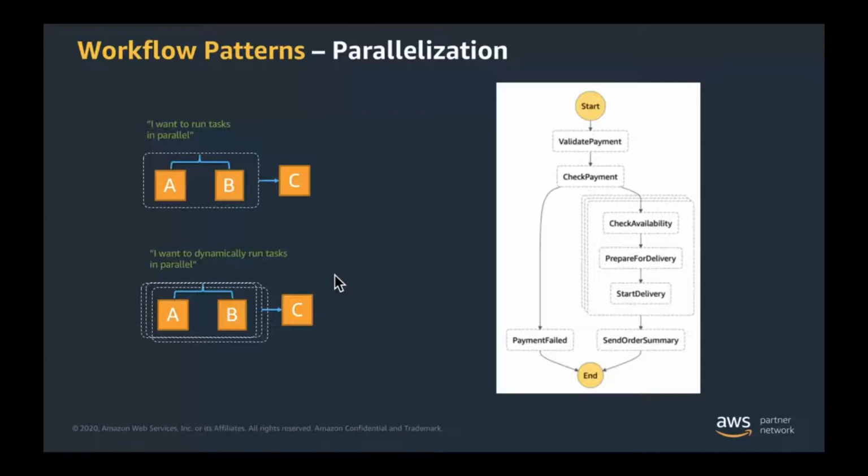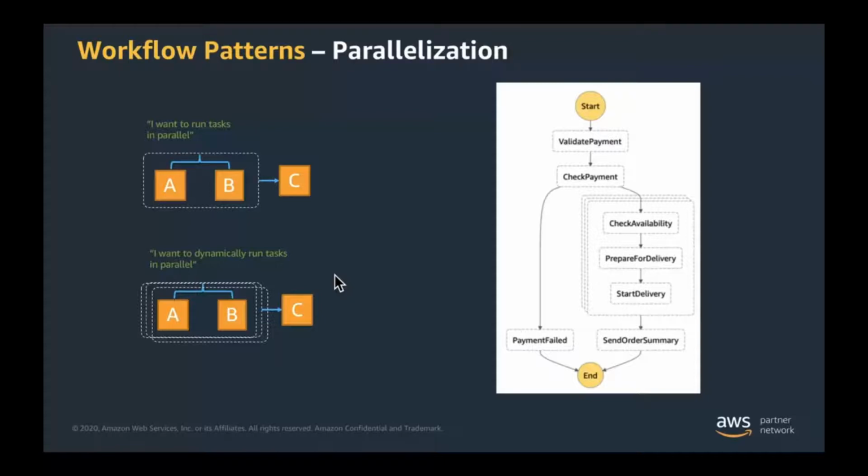One other thing that's important to know about parallel states is error handling. So if you were to put a number of states in parallel, the default behavior is if one of those states fails, then it will kill all of the other work that is going on in all of the other states that are going in parallel.